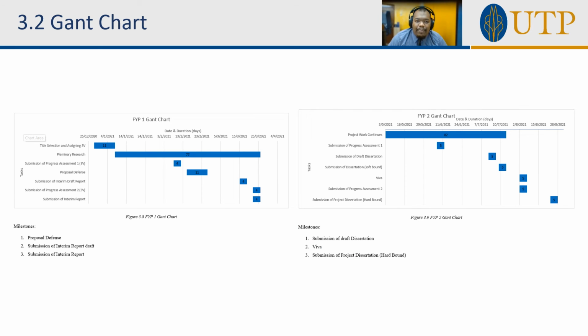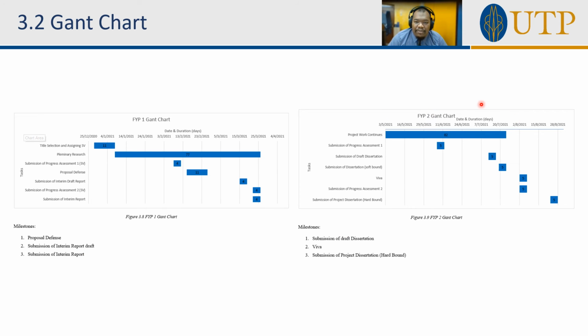As with the project flowchart, the Gantt chart shows the flow of the project, but also the timeline and milestones of the project. There are 6 milestones throughout the project, and by using the Gantt chart, the progress of the project can be monitored from time to time. On the left side here is the FYP1 Gantt chart, and the milestones for that are the proposal defense, submission of the interim report, and the submission of the full interim report.